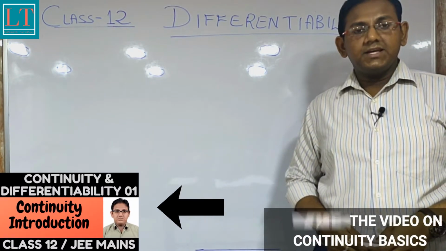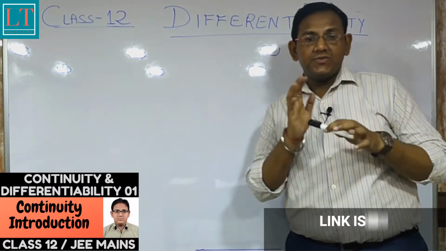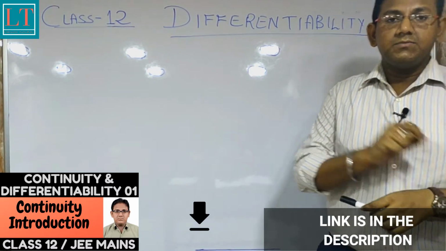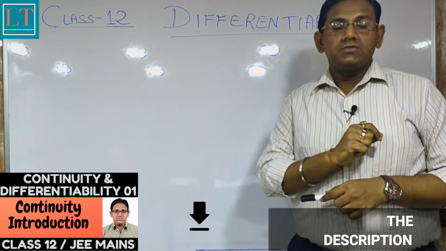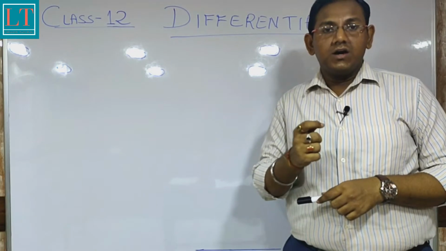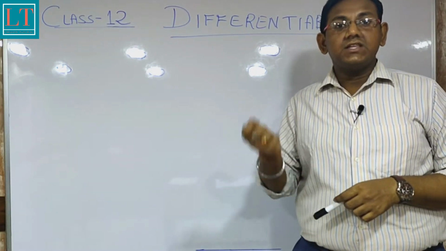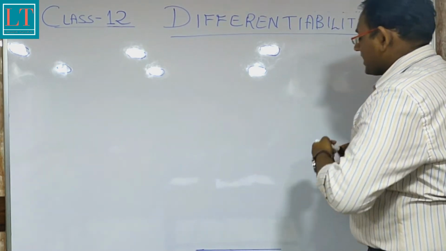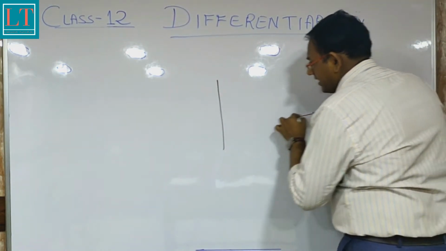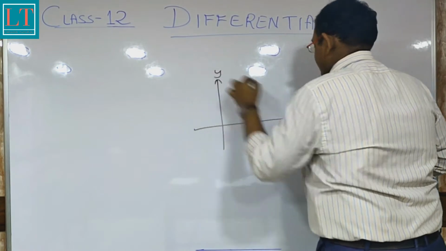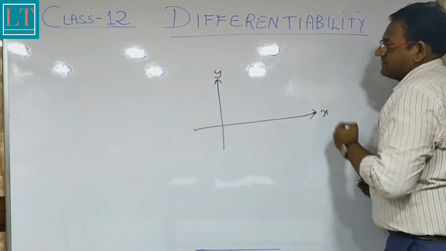Now differentiability basically means tangent. So tangent of what? And what is a tangent? Let us understand this entire thing with a graph. If we consider our coordinate axes, this is your y-axis and this part is your x-axis.